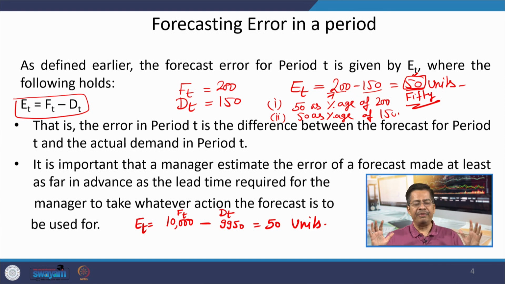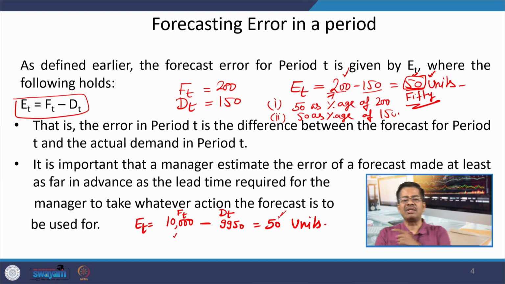So, for someone, it may appear that both the managers have an equal amount of forecasting error, but that is not the correct representation of the data, because 50 when you are forecasting 200 and 50 when you are forecasting 10,000 are on very different scales.